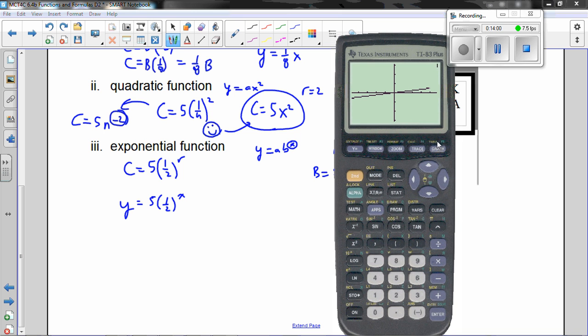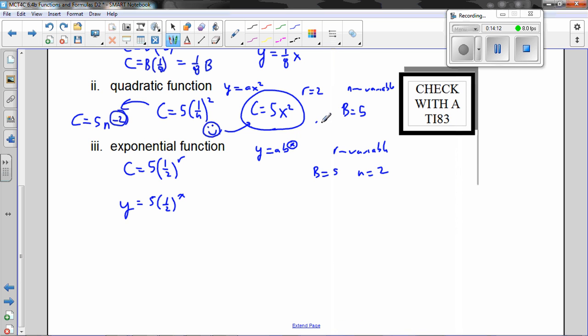Linear function, parabola, quadratic function, and then there's the exponential decay function. Okay, so that one was a little bit weird, but it fits. Not bad. So try your homework. That's the end of the formulas business. Stay classy, MCT4C.